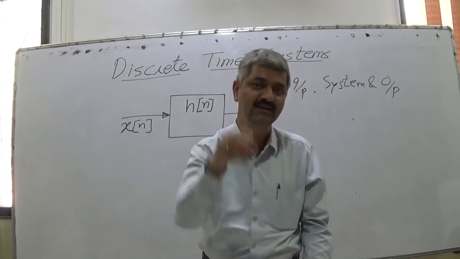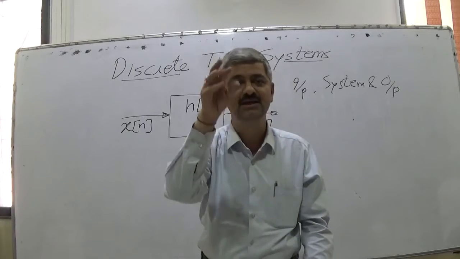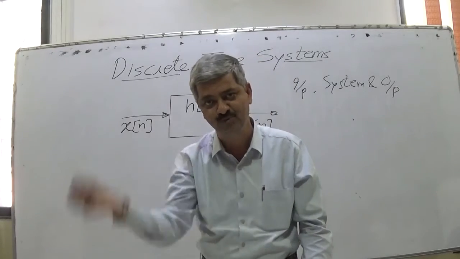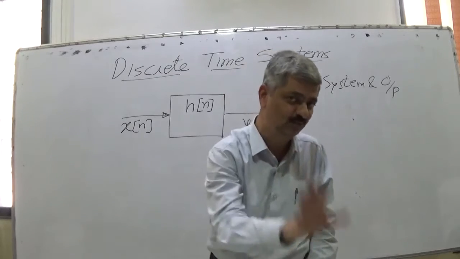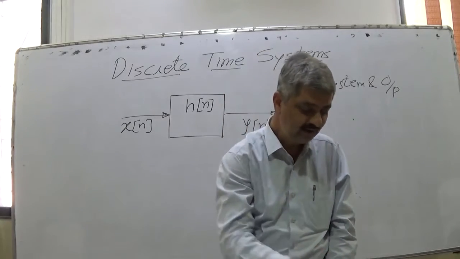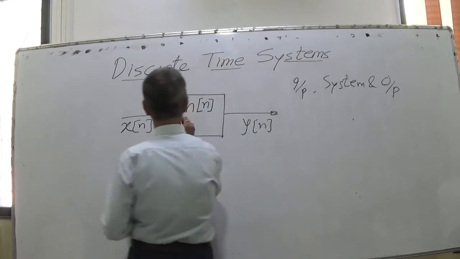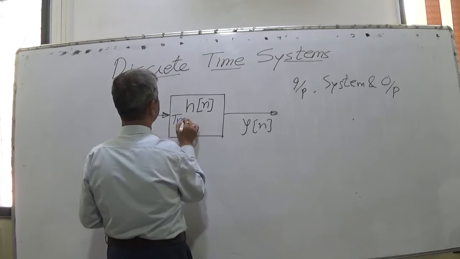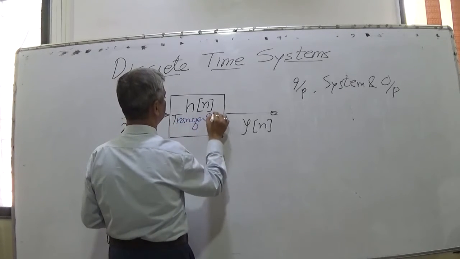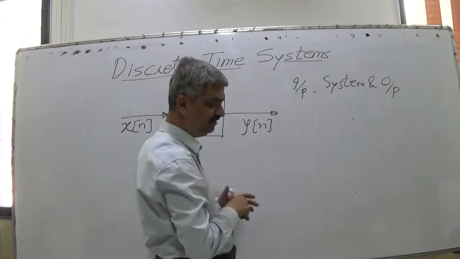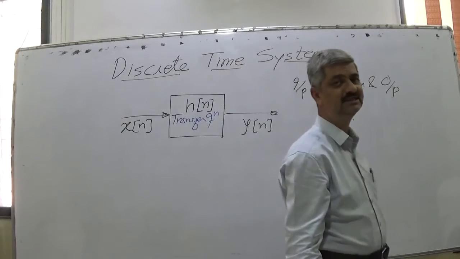System is the manner in which current and past inputs are combined to generate the current output. And this hn is also called the transfer function.